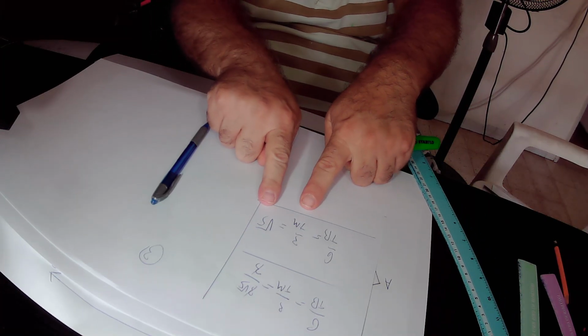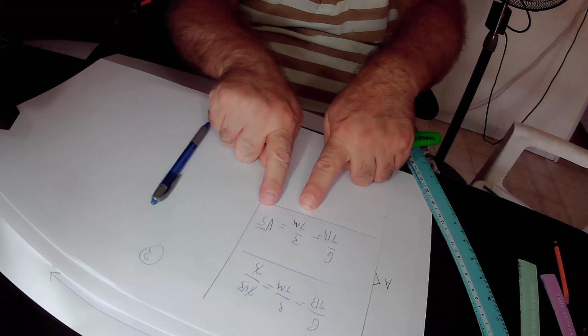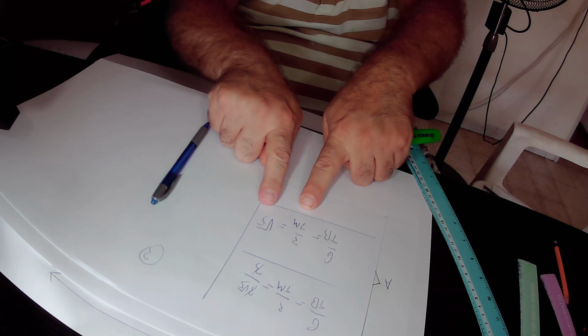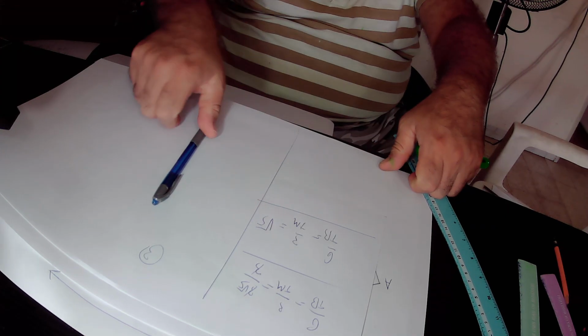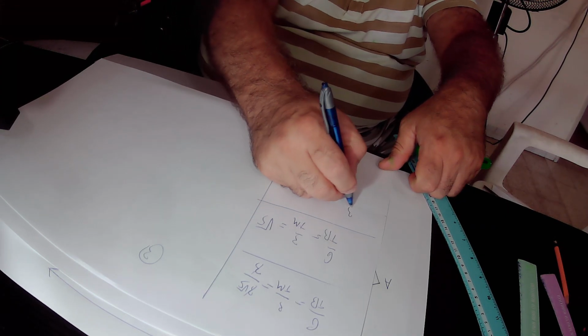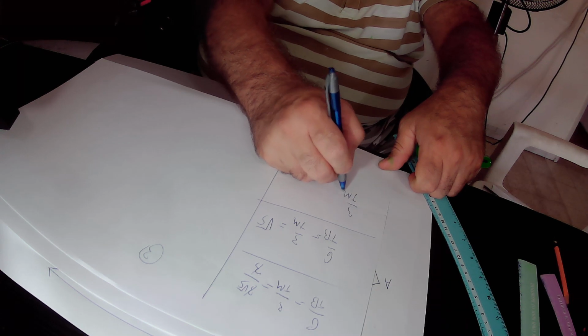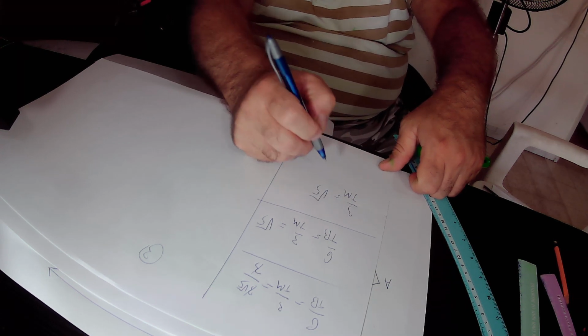Those two expressions are equal to each other, so we get the first equation from them. This is to say 3 over TM equals the square root of 5.